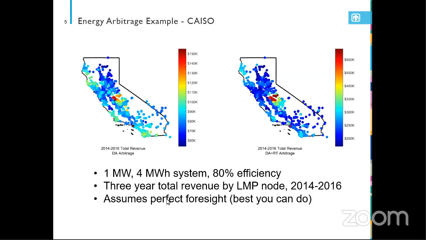And you can do fairly well, but you're still not getting anywhere near 100% of your maximum potential revenue. It's on the order of maybe 50 or 60% with a relatively simplistic algorithm, which is still much better than just day ahead arbitrage. But if you want to do day ahead and real-time arbitrage, there's a lot of effort that needs to go into your forecasting algorithms.